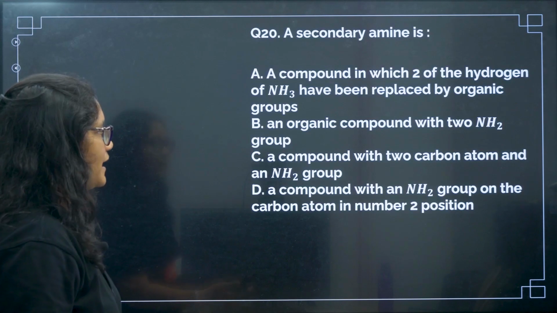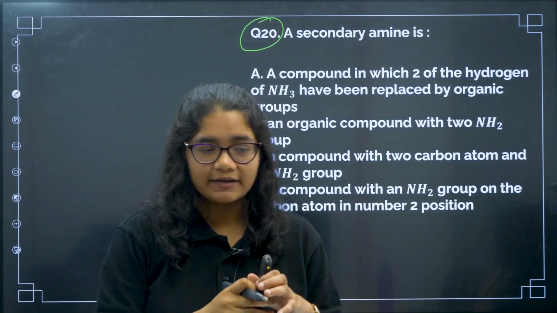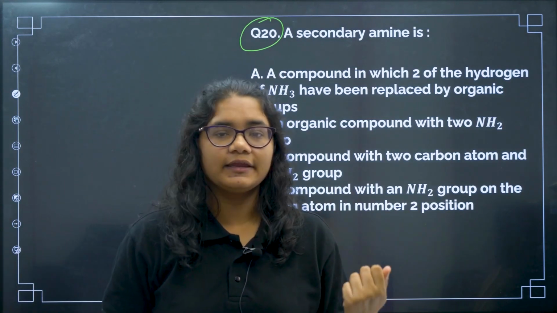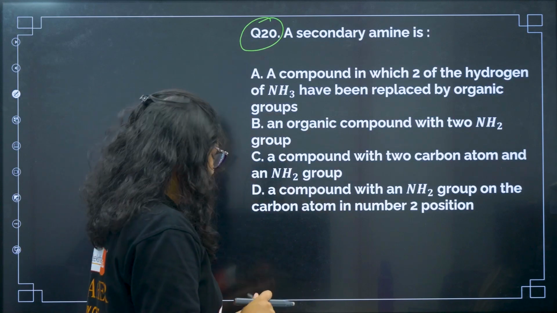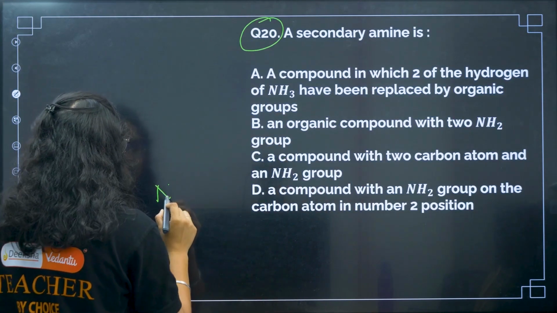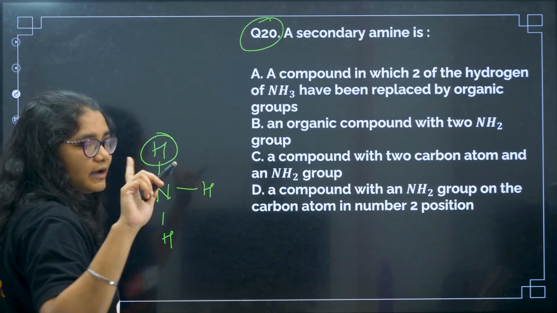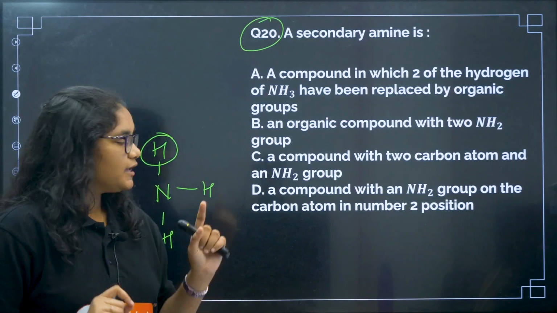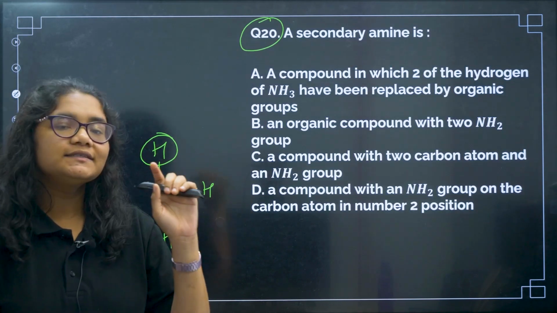Okay. Next question, question number 20: a secondary amine is... People very often get confused here, because we have secondary alcohols and secondary haloalkanes, but this definition is a little different. In ammonia we have 3 hydrogens, right? If you replace one hydrogen with an alkyl group, we call it a primary amine. If you replace 2 hydrogens with alkyl groups, we call it a secondary amine.